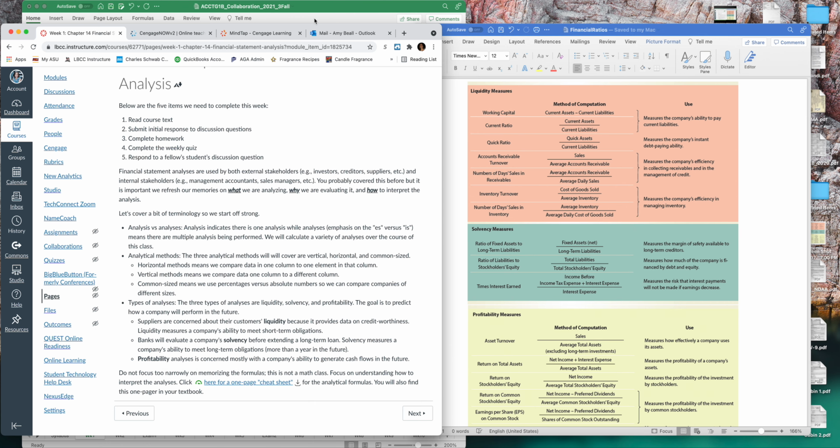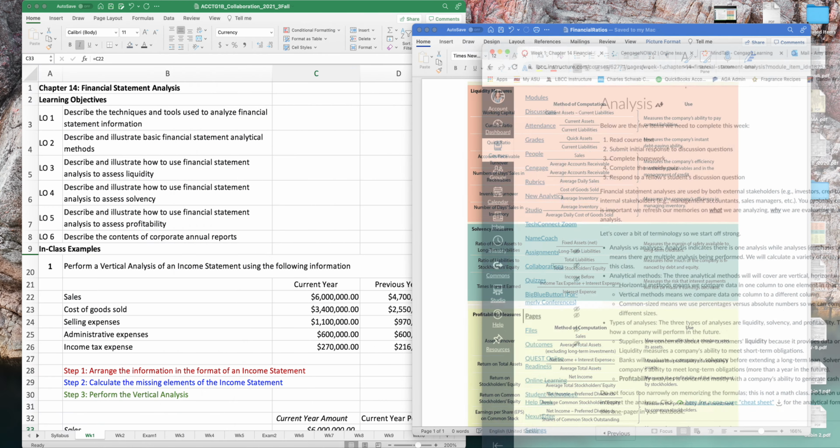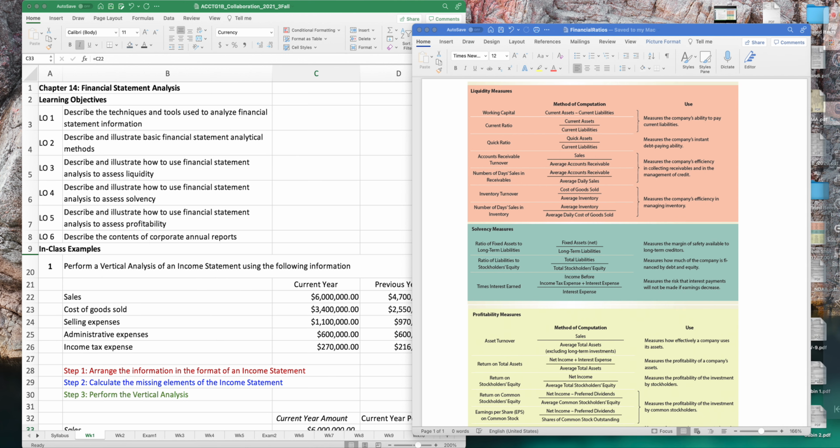As I mentioned in the welcome letter, management accounting really wants to focus on understanding how to interpret the data and the analysis versus memorizing those formulas. So the first analysis that we're going to perform is a vertical analysis.